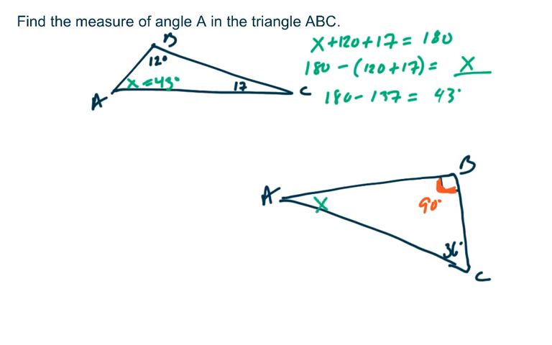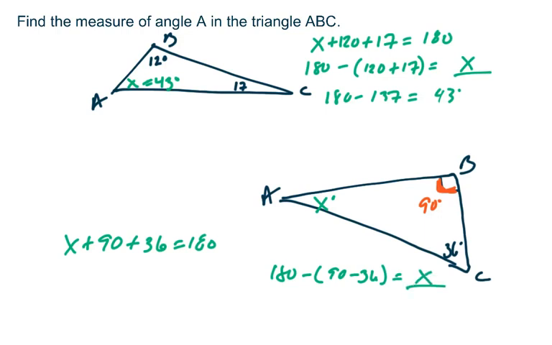So again, they want me to find X. Same process. So I could say X plus 90 plus 36 is 180. Or I could say, hey, that total sum of 180 minus my two knowns would give me X. So I did it the math way last time. So right here, I'll do some equation work.